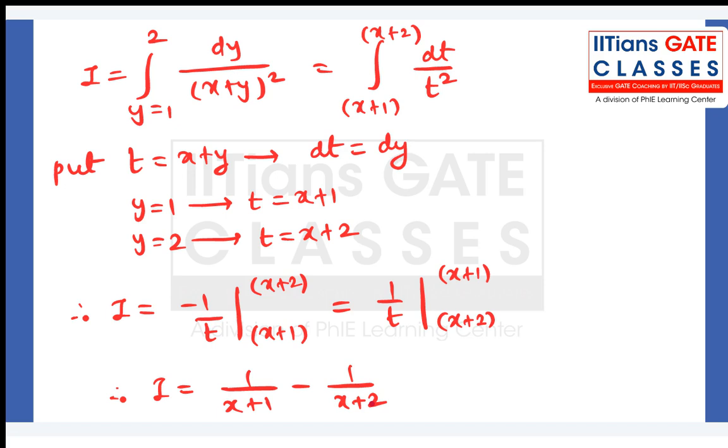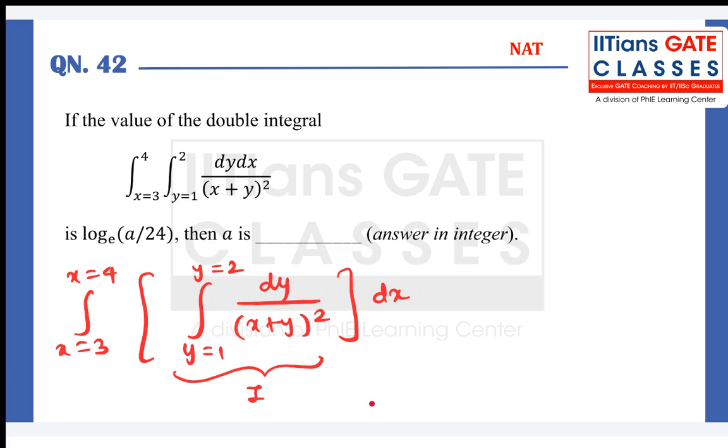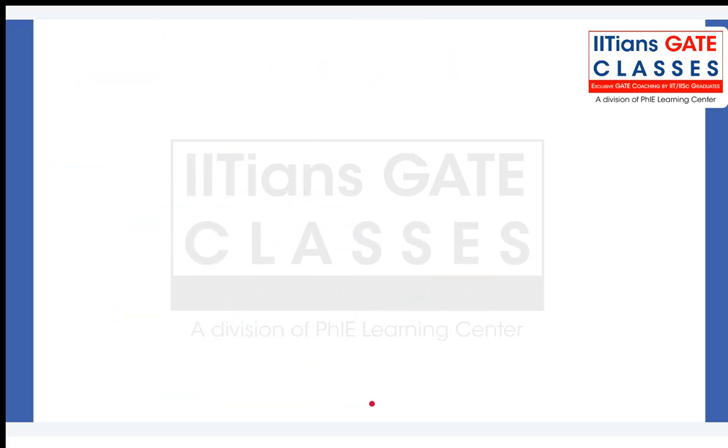Yeah, and then just put this I in your bigger integral, the outer integral. Therefore, what you need to do is x equal to 3 to x equal to 4. You need to put x plus 1 minus 1 by x plus 2 dx.